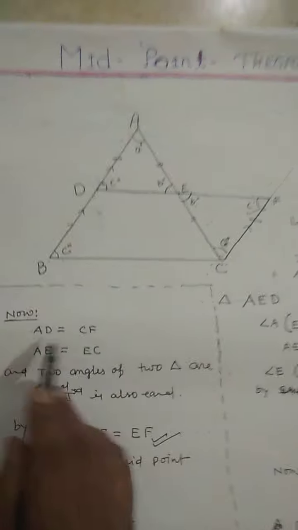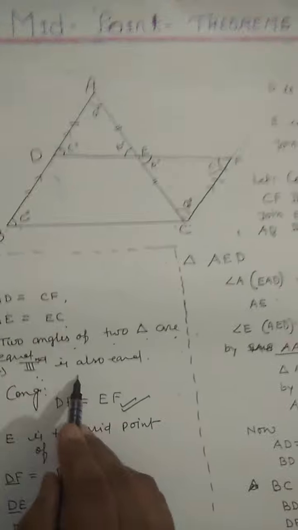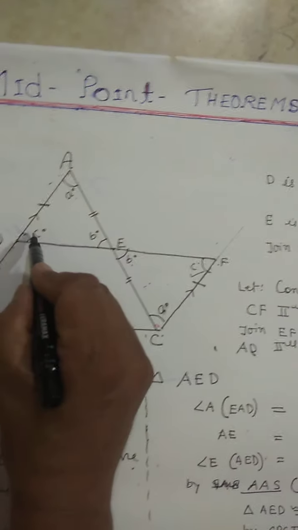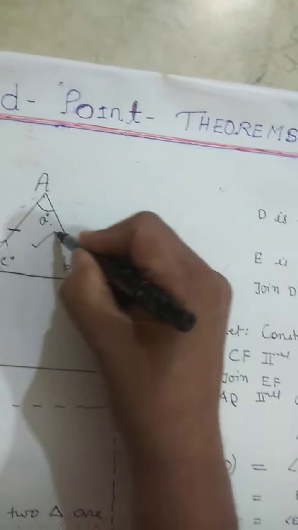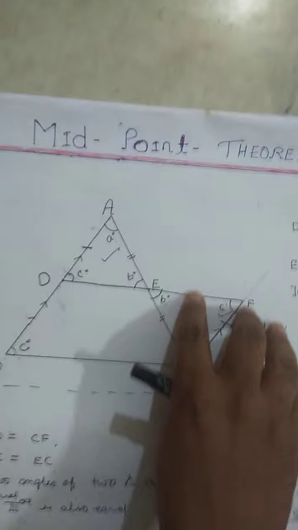Now we will write the information through this. Here AD is equal to CF, AE is equal to EC, and two angles of two triangles are equal. It means the third is also equal, so this C is equal to C. Now in these two triangles, three angles are equal, two sides are equal.